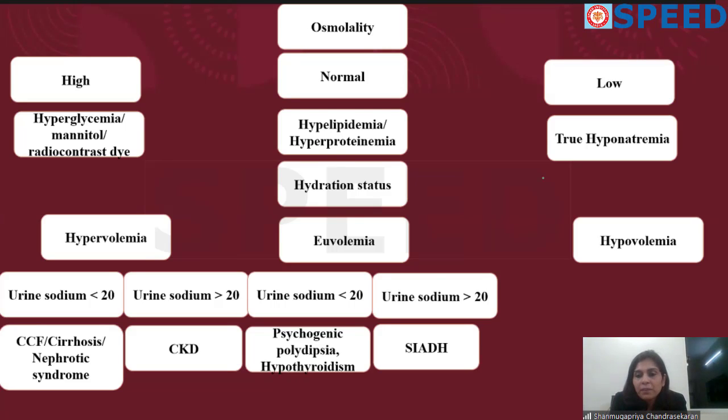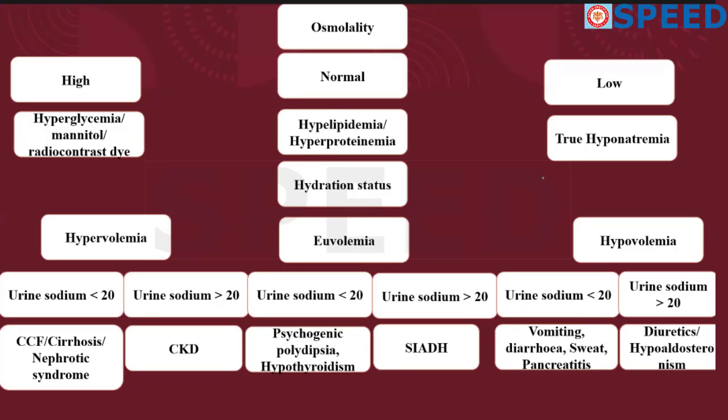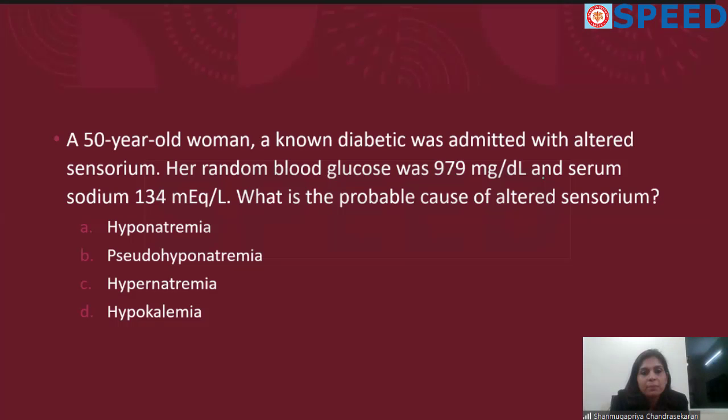If it's hypovolemia, again I look at urine sodium. If it's less than 20, then it is loss of sodium through some other route, for example vomiting, diarrhea, sweating, pancreatitis. If urine sodium is more than 20, then it is diuretic usage or hypoaldosteronism. Okay, so this is the summary of hyponatremia.